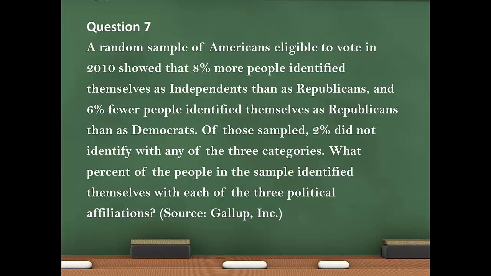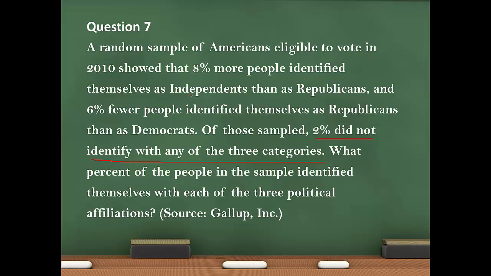If you look here, 2% did not identify with any of the 3. So that means that 98% could be independents, Republicans, or Democrats.